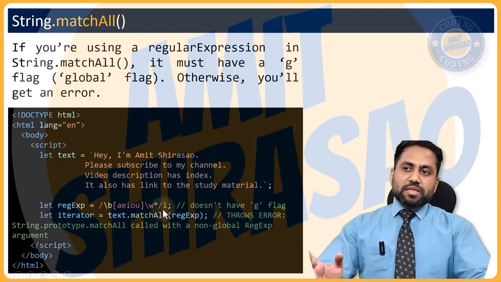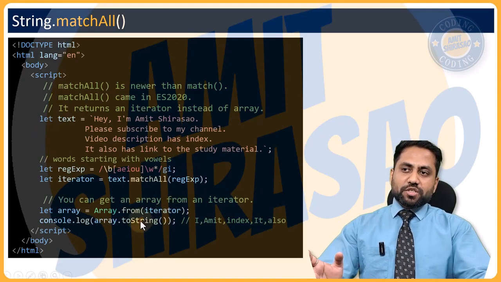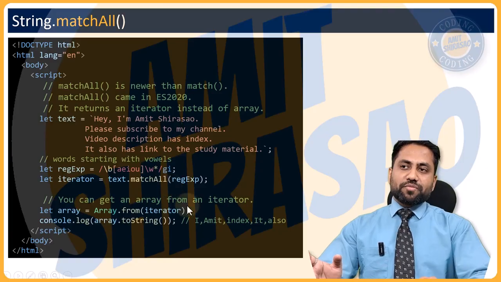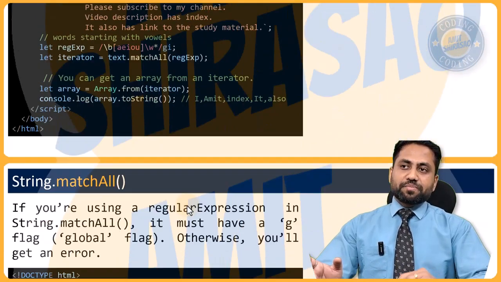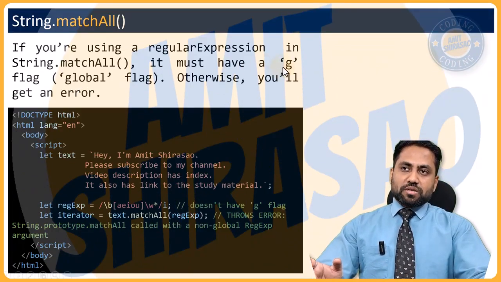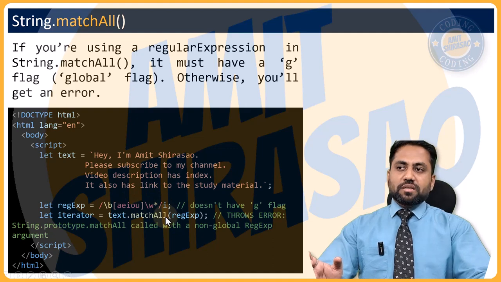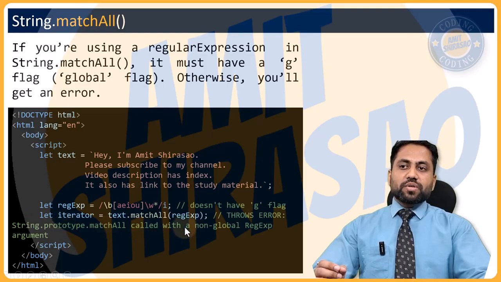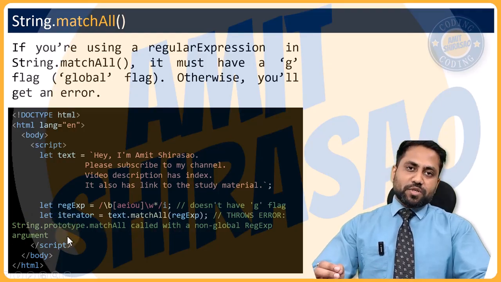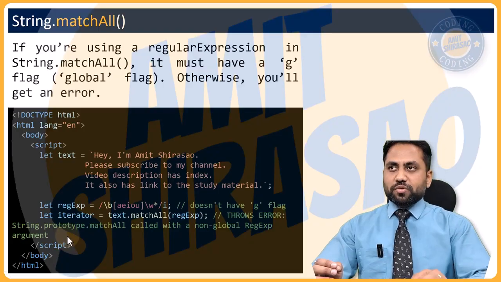If you notice here, the regular expression had g, meaning global flag, or you can write global there. So either you use small g or you write the complete word global. If you don't give that g, then it basically throws an error. This matchAll will give an error saying that matchAll is called with a non-global regular expression argument. Okay, so just wanted to let you know.